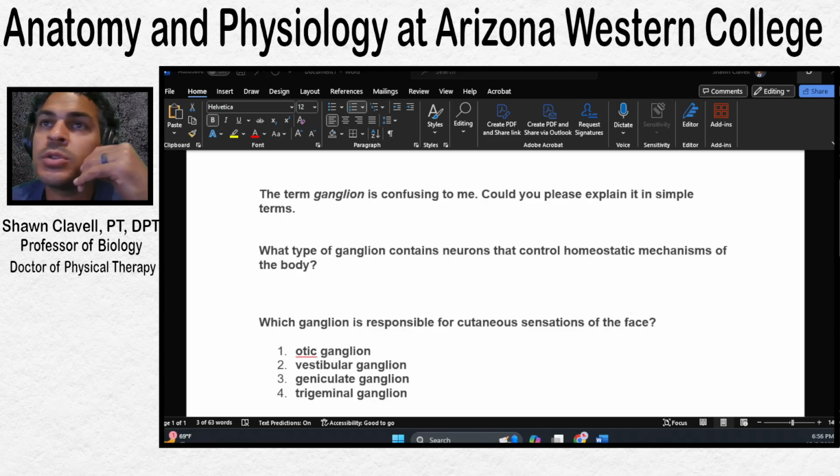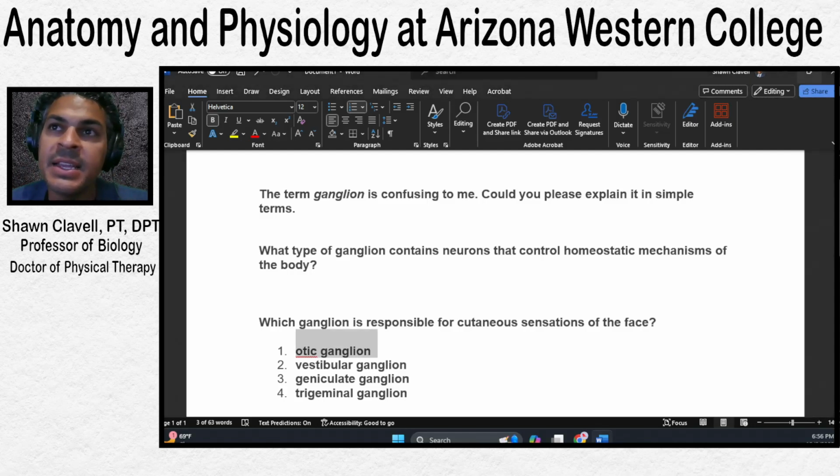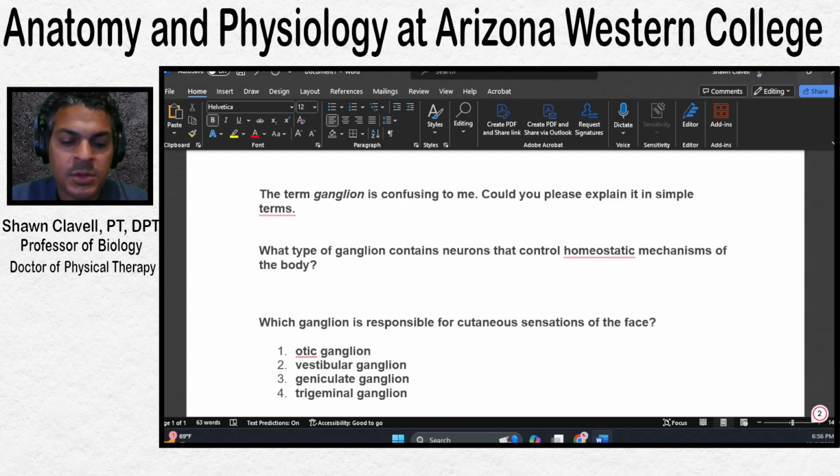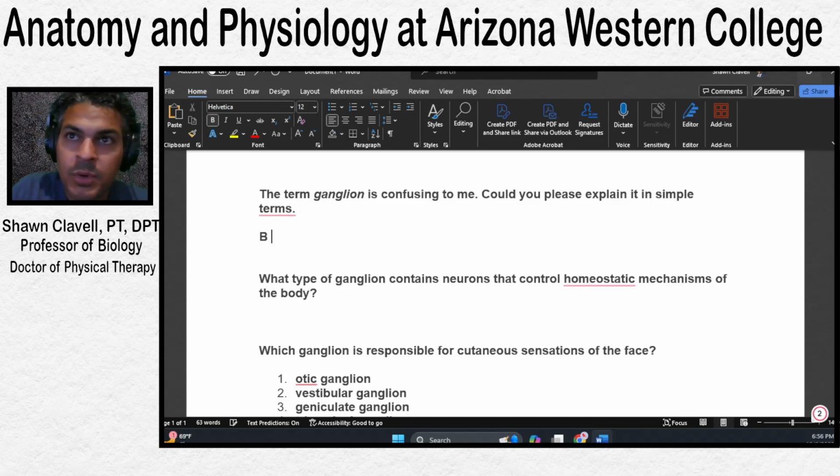So the term ganglion refers to a collection of cell bodies. This is a classic definition for it: a collection of cell bodies in the peripheral nervous system. So, ganglion itself, let me put a bullet point here.